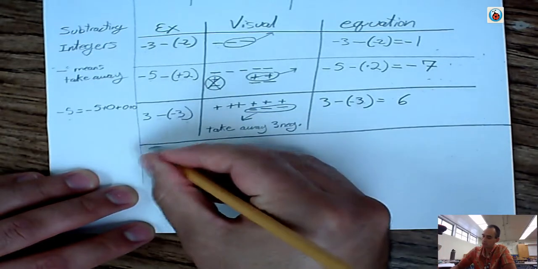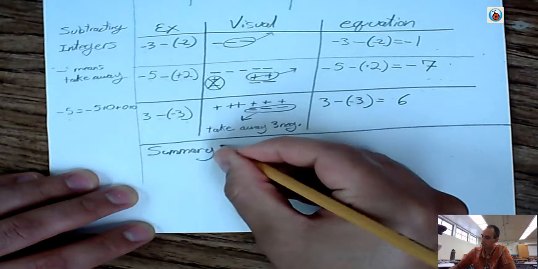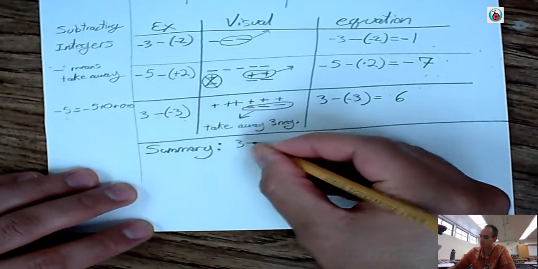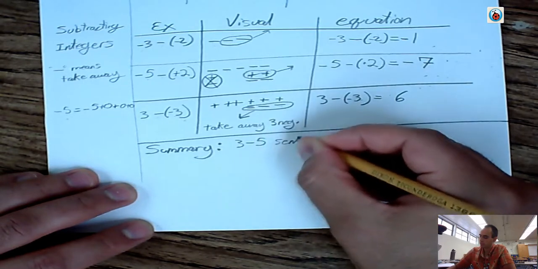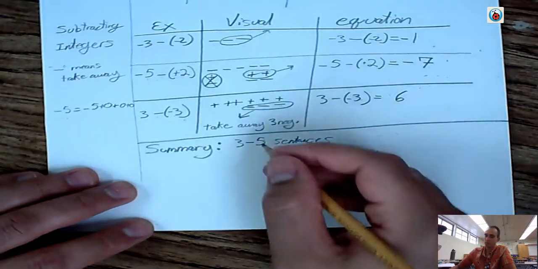I would like you at the bottom to write a summary and try a few example problems. So write it 3 to 5 sentences. And then I want you to try a few examples.